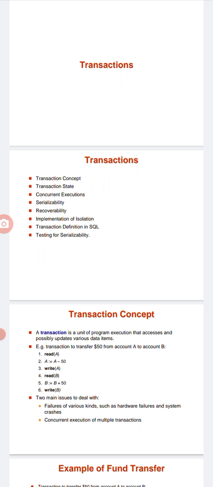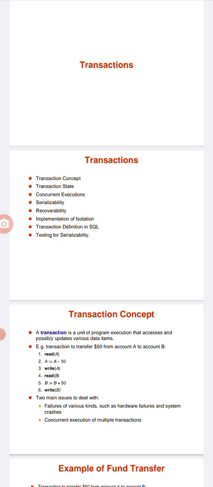Here, the transaction is a unit of program execution that accesses and possibly updates various data items. We know data is an inseparable part of programming. Before starting the concept, I introduce what a transaction is. A transaction is a logical unit of work that represents a real world event of any organization or enterprise.